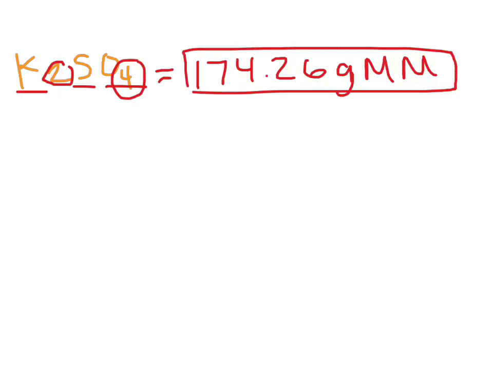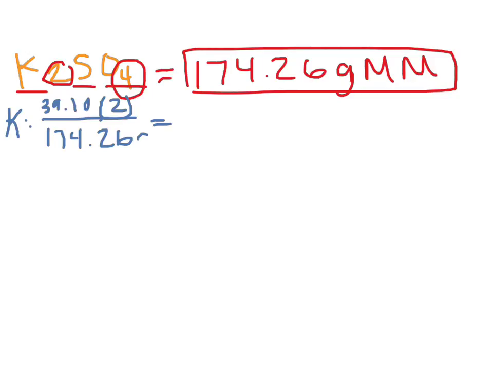So let's do potassium first. I suggest you write the element on the side so you know which one you're doing. We're going to take the molar mass of potassium, which is 39.10, and multiply that by 2, because we have 2 of those. Then we're going to divide that by 174.26 grams.